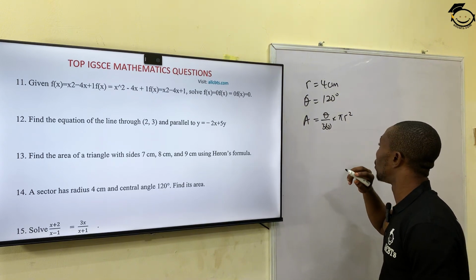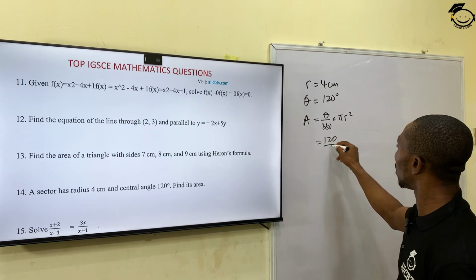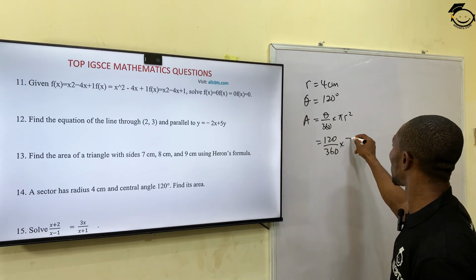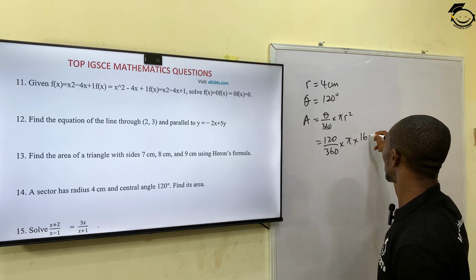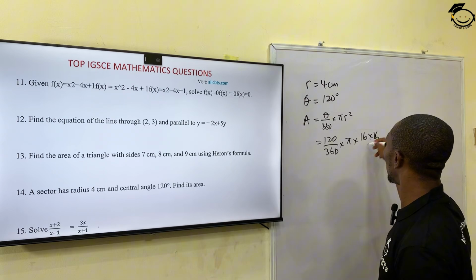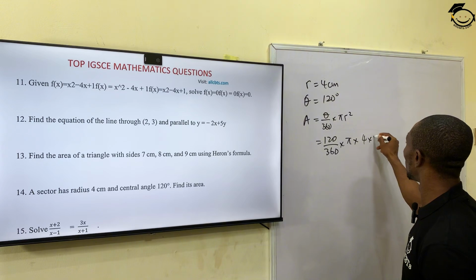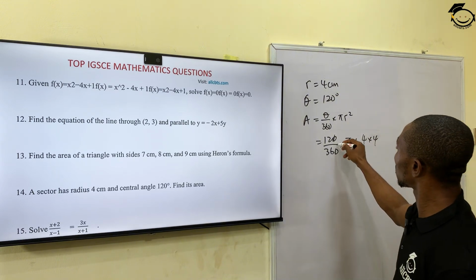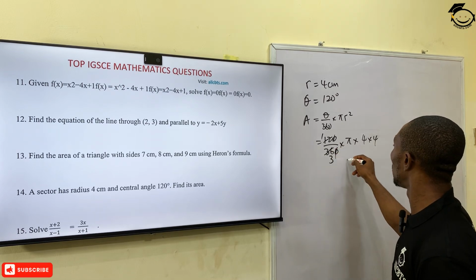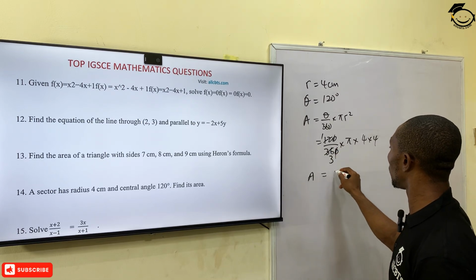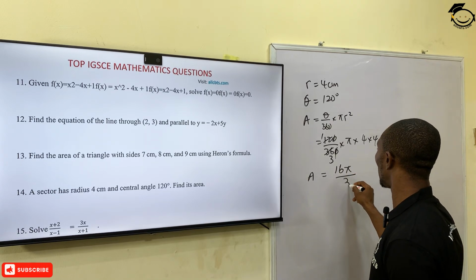All right, now our theta is 120 all over 360 times pi times our radius, which is 4 times 4. All right, so this cancels this: 12 here, 1, 12 here, 3. So our area will become 4 times 4, 16 pi all over 3.